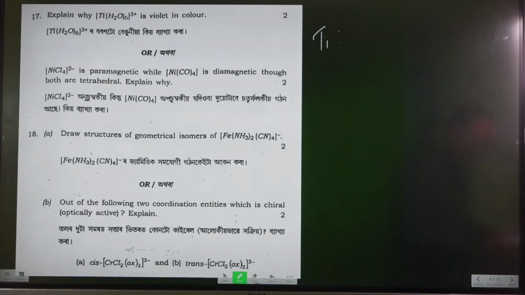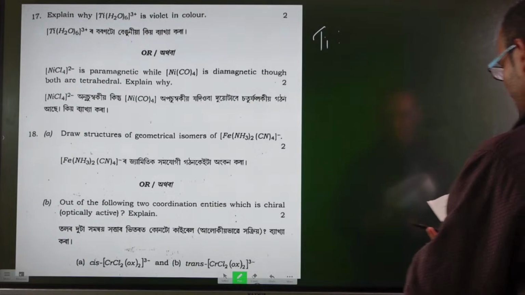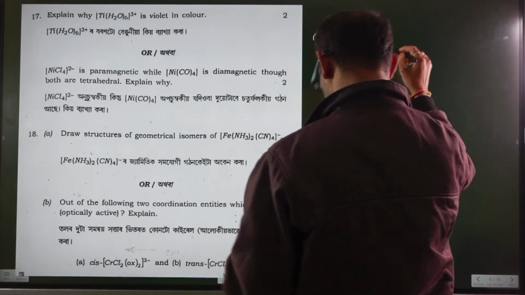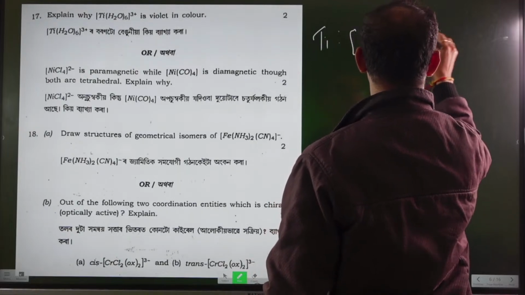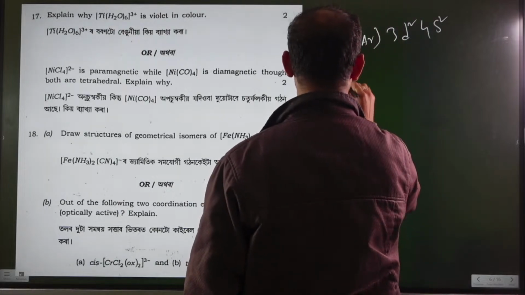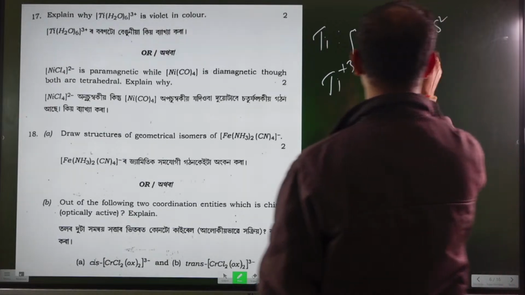Titanium is argon 3d2 4s2. In your complex it is titanium 3 plus, so you have to remove 2 electrons from 4s and 1 electron from d.